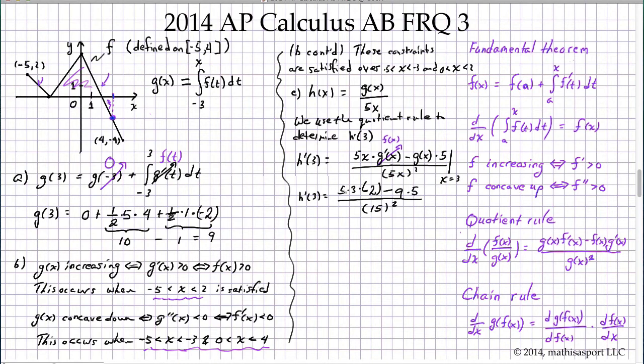Well, what have we got? 15 times -2, -30, minus 45 is -75 over 225, and that is -1 over 3, because 75 goes into 225 3 times.